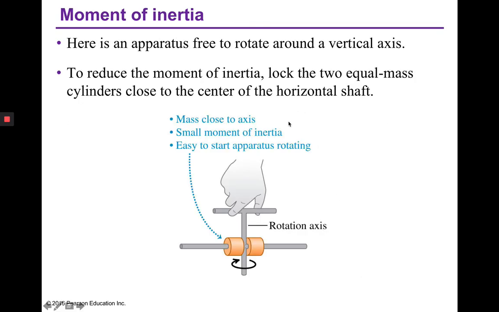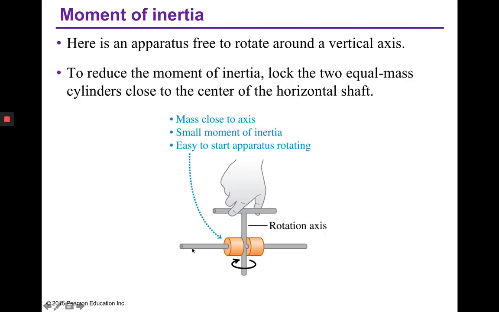Okay, so here's the idea behind moment of inertia. It's a measure of how hard it is to get something to spin. Mass is a measure of how hard it is to get something to move in a straight line. Moment of inertia is the rotational mass. So imagine we were trying to spin this little device here. Because these masses are close in, it's relatively easy to spin.